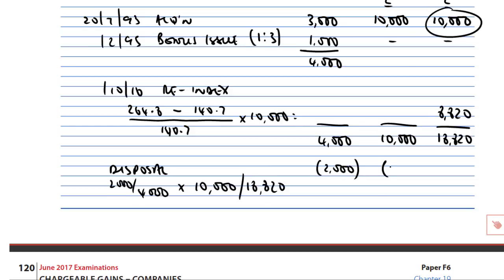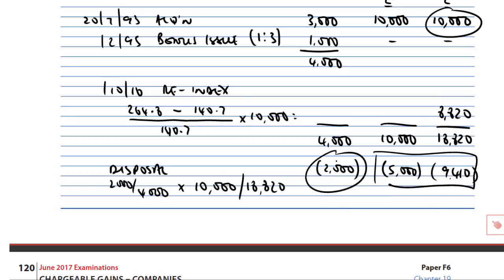So half the cost, 5,000, half the index cost, 9,410. There's the information that you need to go with this sale of 2,000 shares, which we can now put into a separate gains calculation.